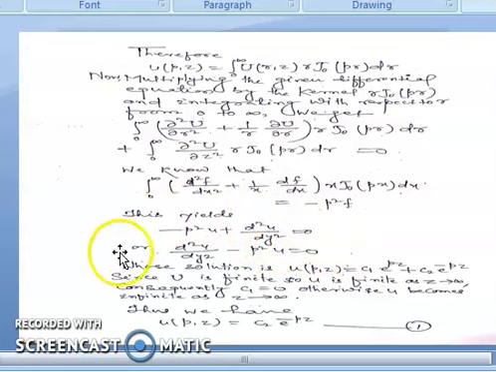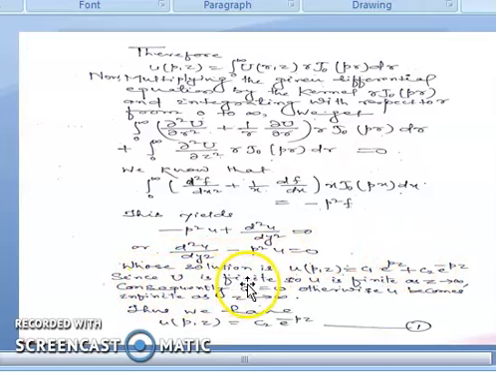Multiplying by the negative sign, it can be written as d square u bar upon dz square minus p square u bar equal to 0, whose solution is u bar of p, z equal to c1 e to the power pz plus c2 e to the power minus pz. You have already learned this part in differential equations.